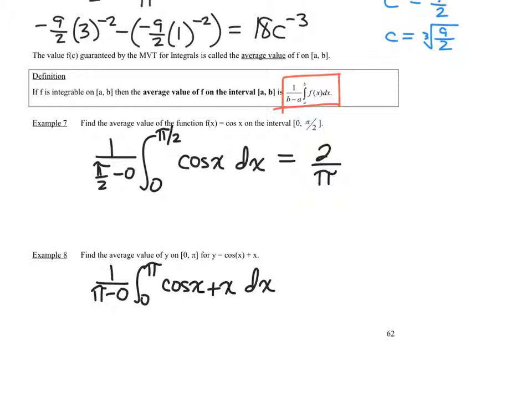So that amounts to pi squared over 2. Huh. Times 1 over pi would be equal to pi over 2. All right.